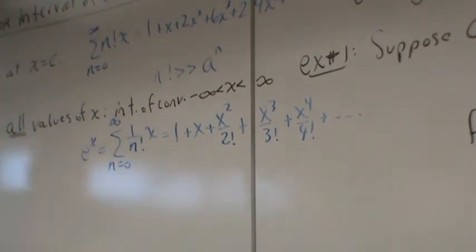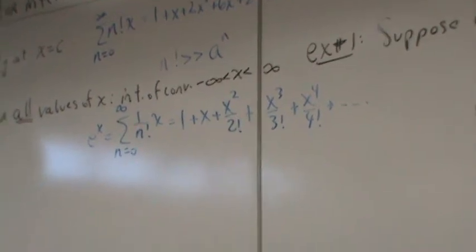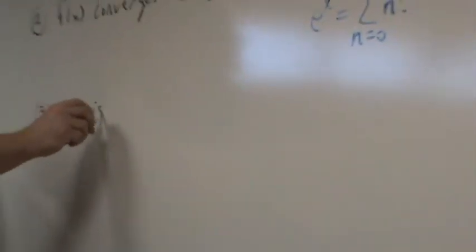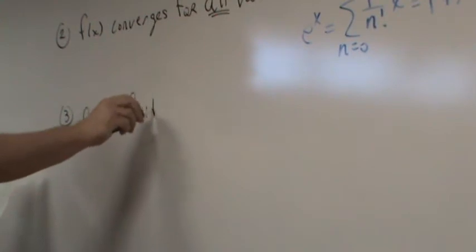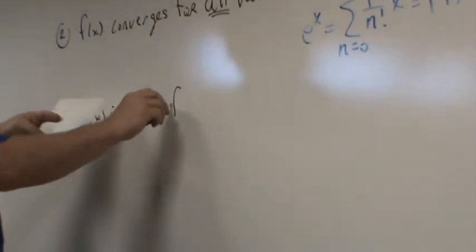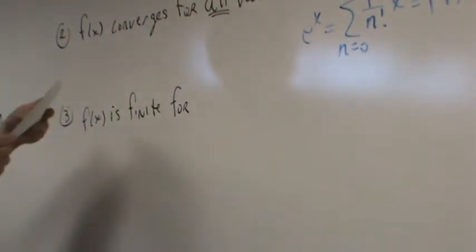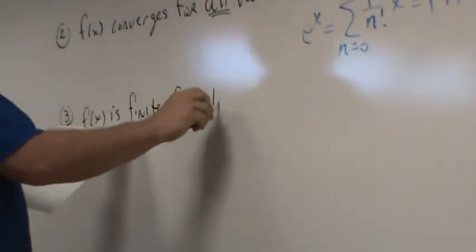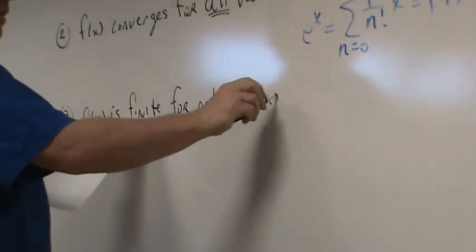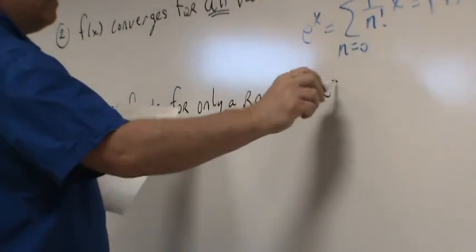And then the third choice, which is what we found with example 1, is this. F of x is finite for only a range of x.